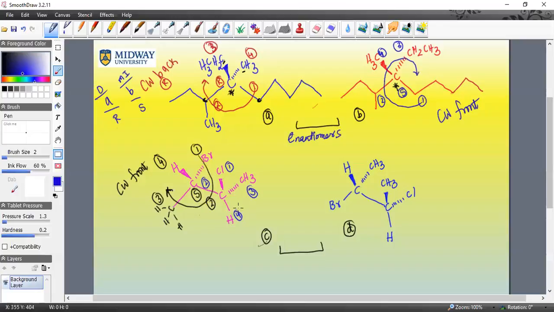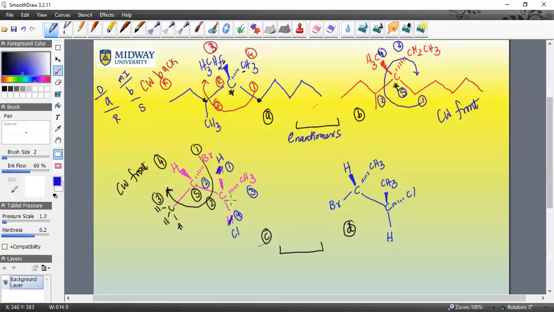So now if you notice, our lowest rank group is not in the plane, right? So what can we do to achieve that? What we can typically do, just like we did in the previous case, is swap the carbon with the number one priority group. So we take the hydrogen and replace this with hydrogen and replace this with Cl.